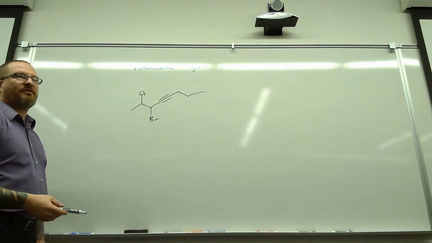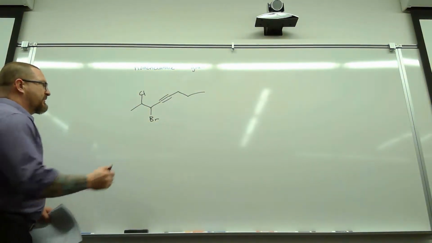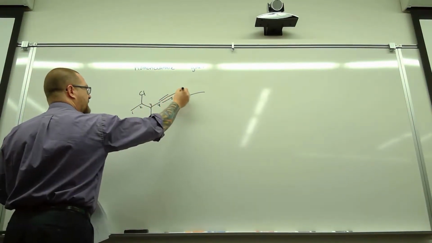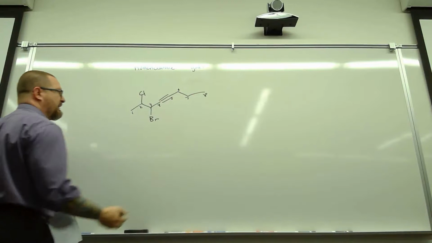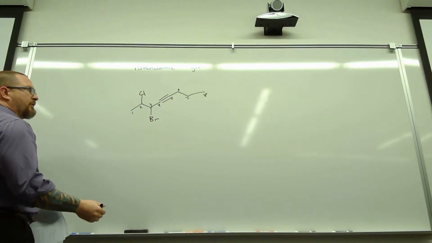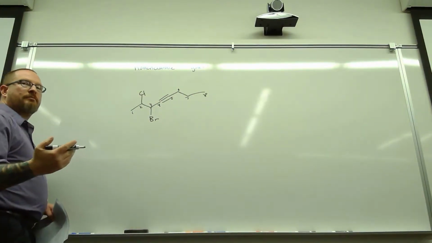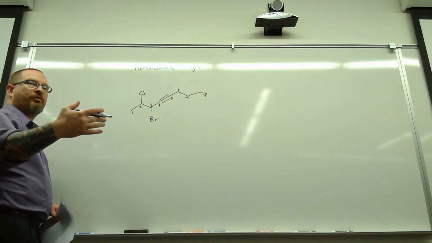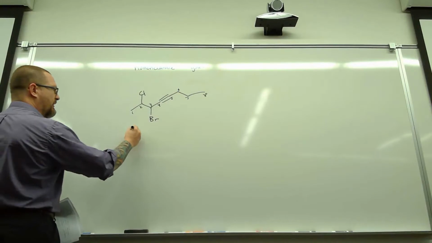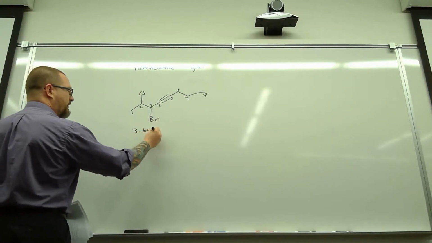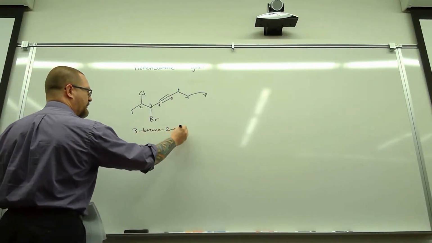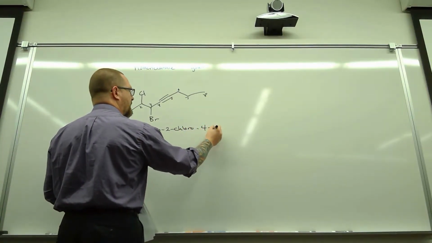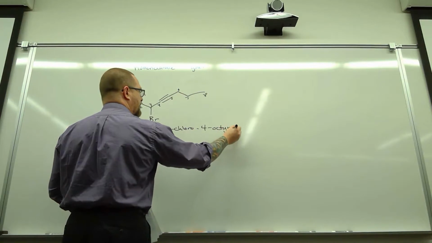So we have to prioritize the side with the nearest substituent. We'll come in from 1, 2, 3, 4, 5, 6, 7, 8. That gives us a 2-chloro and a 3-bromo. We need to prioritize in terms of order of names the bromo because of alphabetical order. So we'll have a 3-bromo, 2-chloro, 4-octyne.